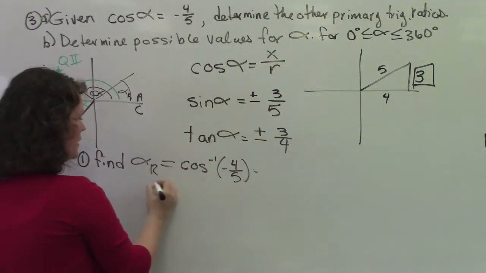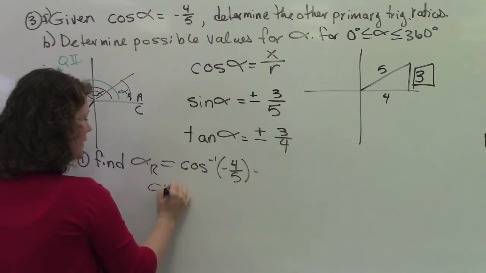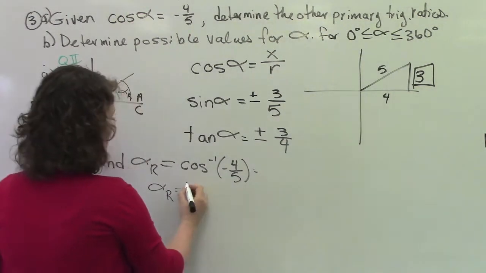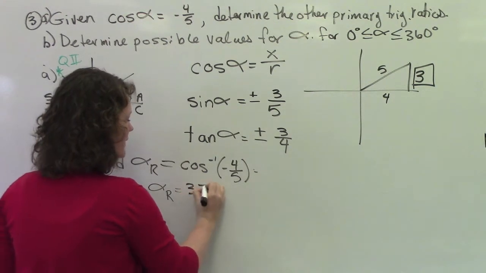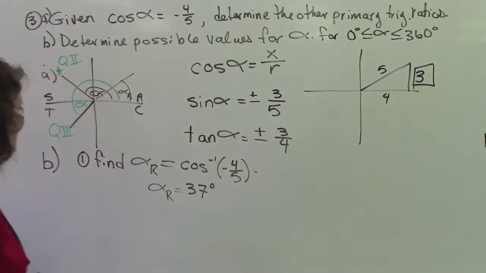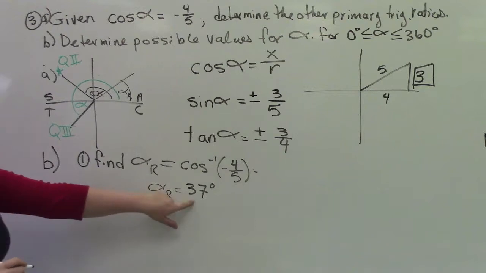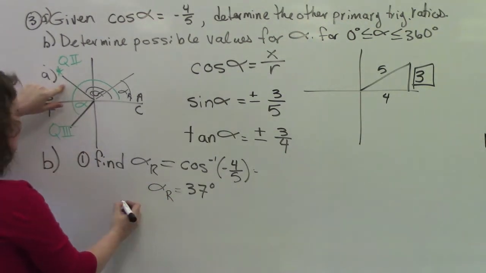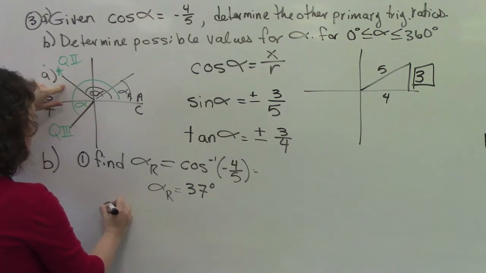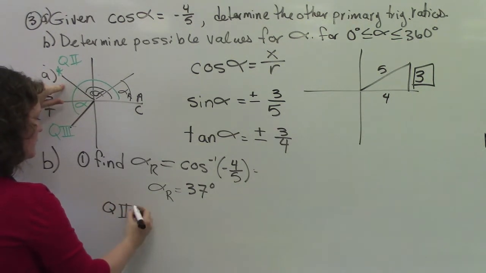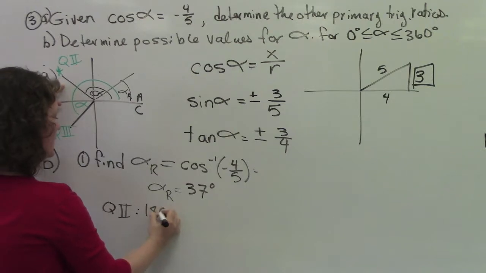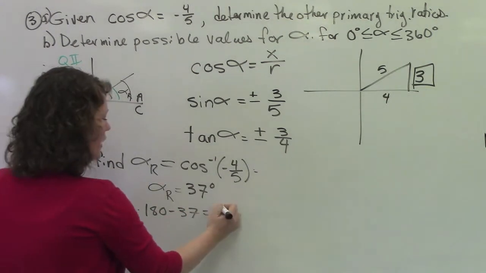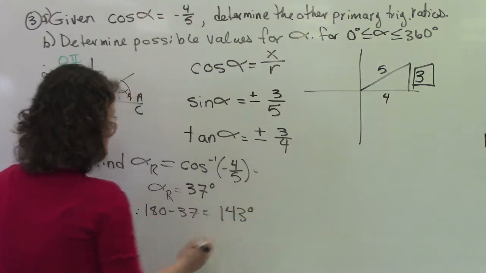When I punch that into my calculator, I know that I'm going to get alpha r equaling 37 degrees. If my reference angle is 37 degrees, the quadrant 2 version would be 180 minus 37, so we would get an answer of 143 degrees.